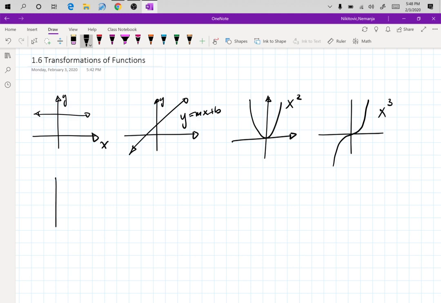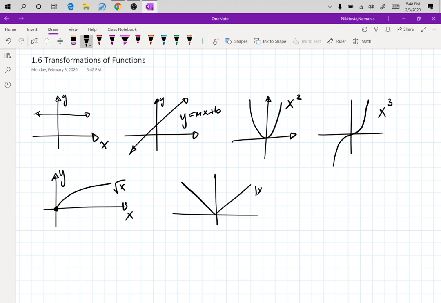Then we had the square root function. We had the absolute value. And they do have a cube root of x. Not sure why, but what the heck, we'll put it in.